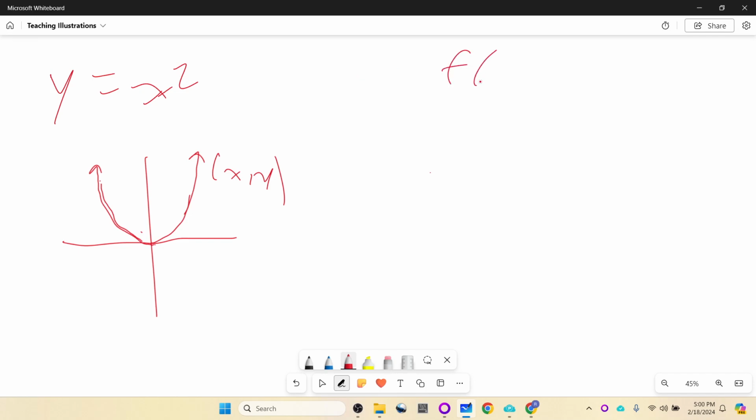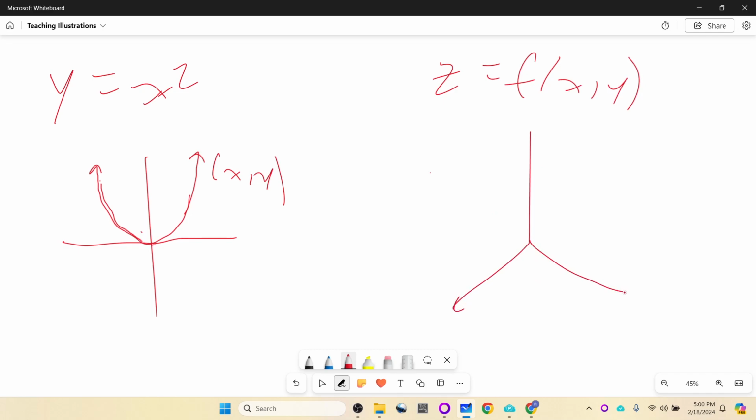But if instead we have z as a function of both x and y, we can't just have x, y pairs. We need x, y, z triples. So that means if we're going to do the graph, we'd have to do it in 3 dimensions somehow.